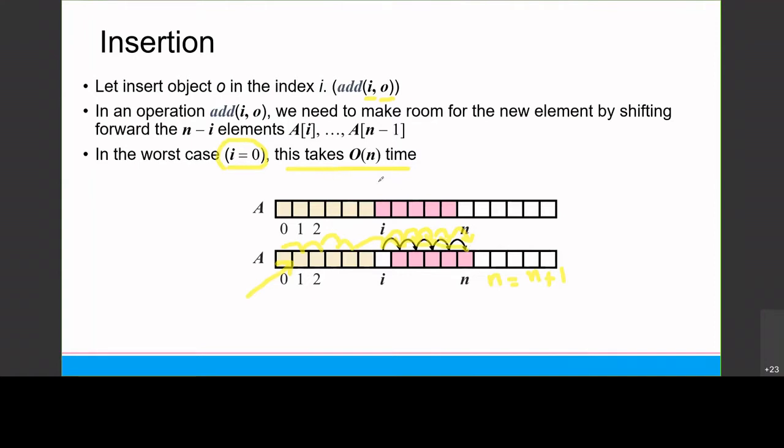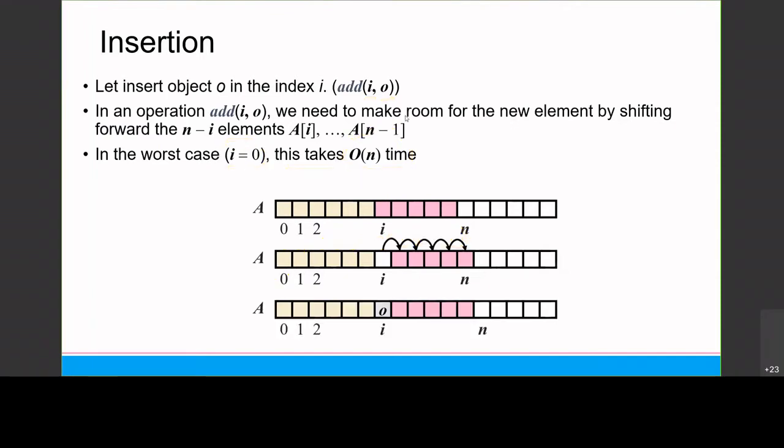Okay, so that's why it takes O(n) time. So the object O will be in index I, and now n is n plus 1.